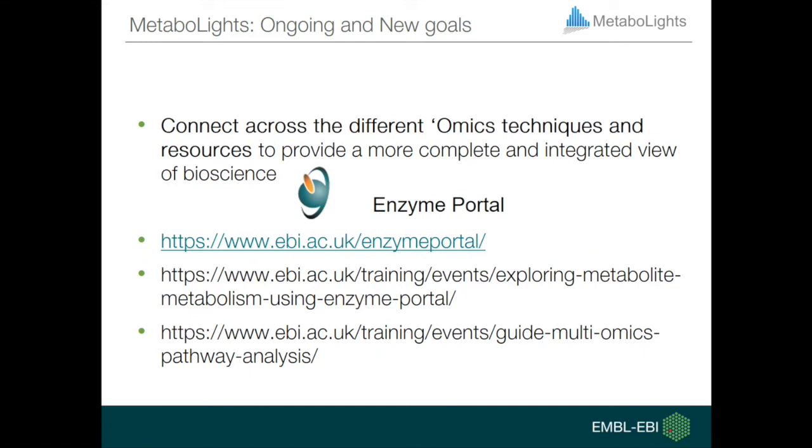And then one of the nice things about working at the EBI is that you can connect through the different omics techniques and resources. So we're trying really hard now to integrate metabolomics into things like the enzyme portal, so that you can go from identification of a metabolite through PDB, UniProt, Ensembl, or any flavor you choose.